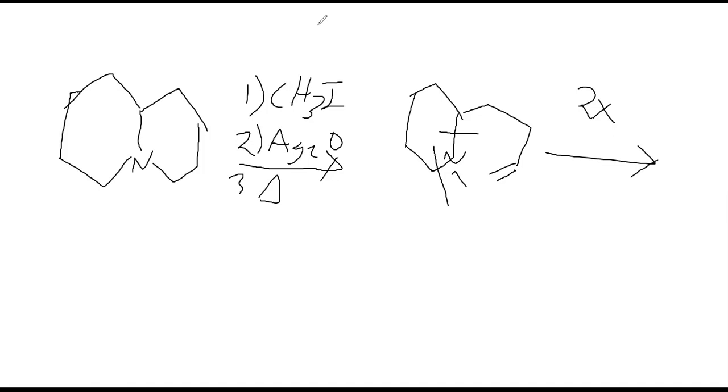This bond is going to make a mono-substituted alkene. So we're always going to try to make the least substituted product. So the product here for F is dimethyl.